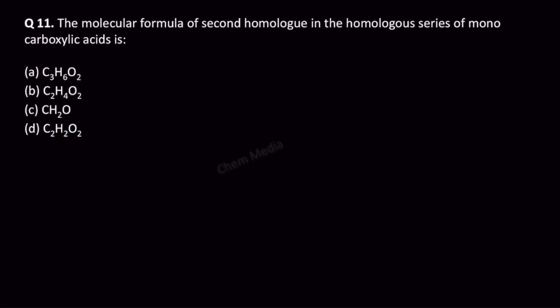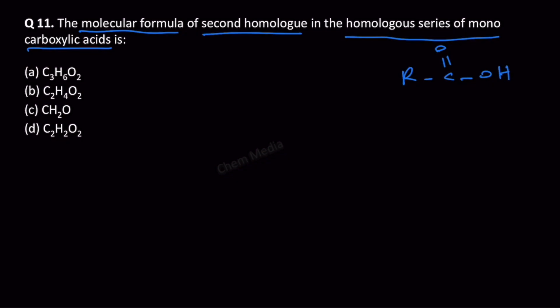The molecular formula of second homologue in the homologous series of monocarboxylic acids is which one? Carboxylic acids will have the functional group C double bond O OH. The simplest carboxylic acid that we can write is formic acid, H C double bond O OH.